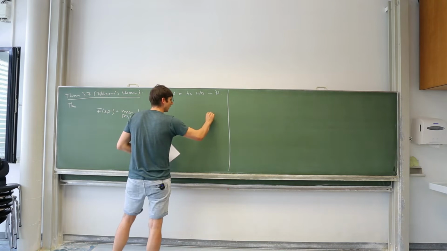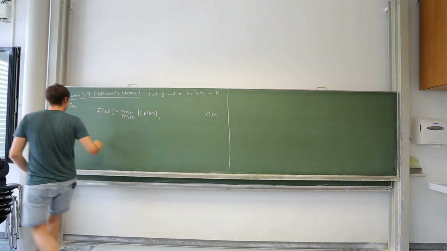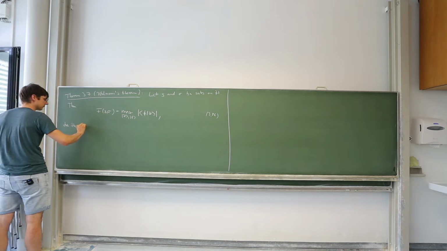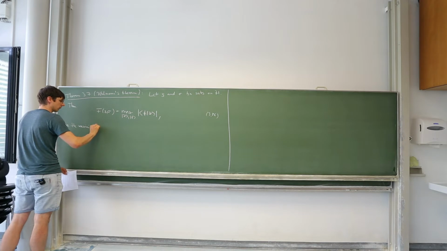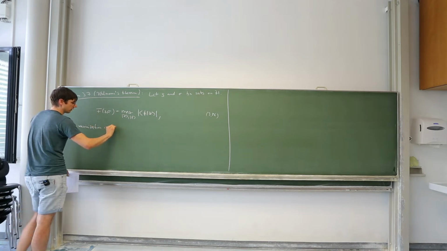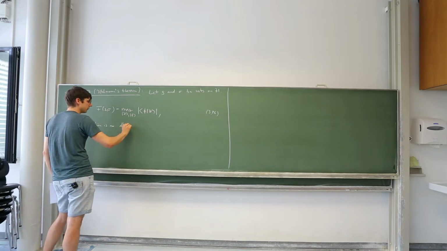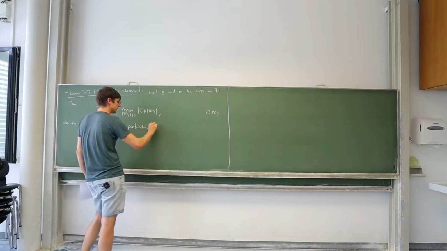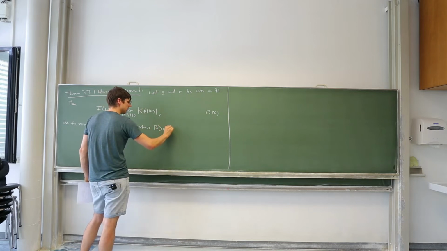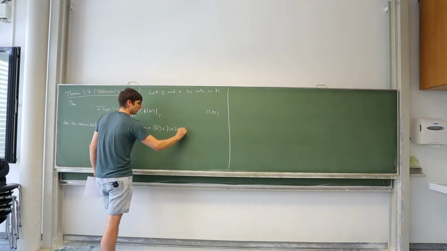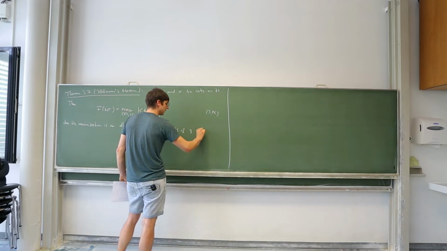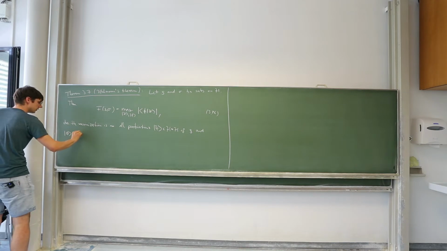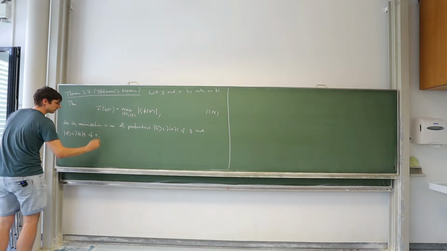This was 3.86, where the maximization is over all purifications. It was psi, which lives in the Hilbert space H tensor H of rho, and phi in H tensor H of sigma, right?